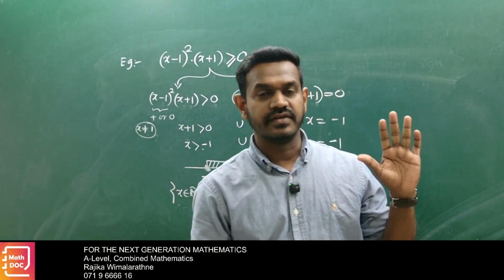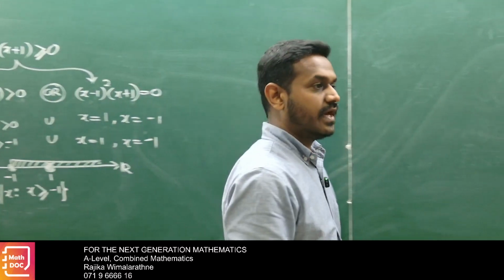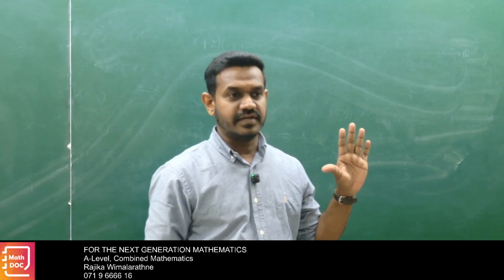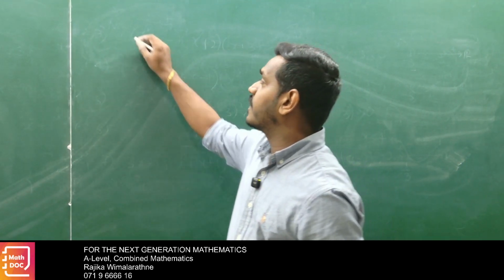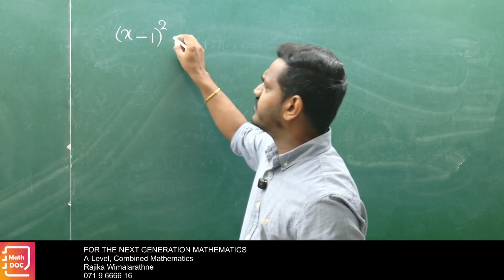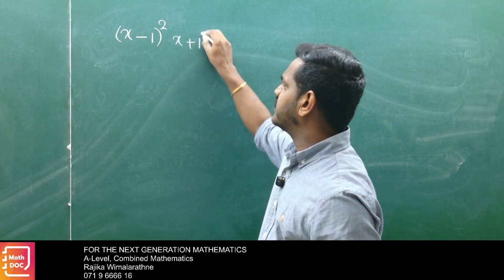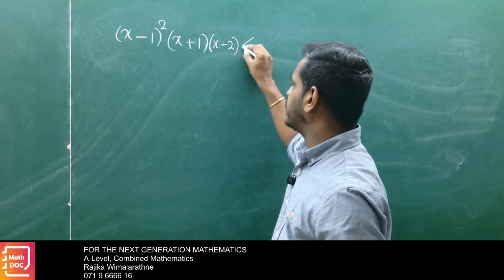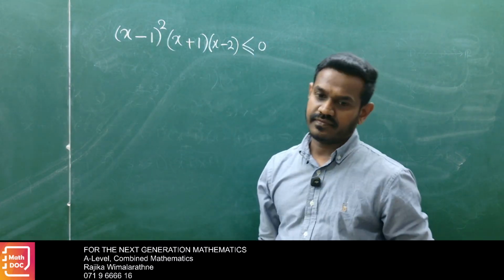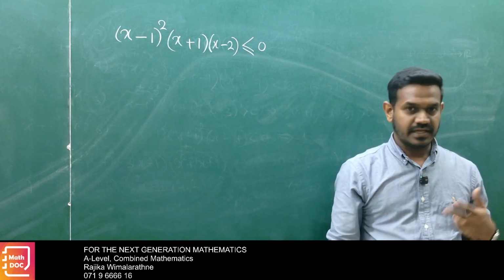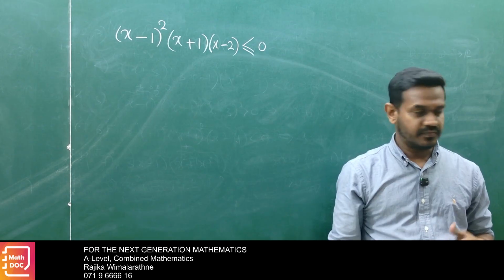Okay, you see another one. Identify these logics. See another one. Take (x minus 1) squared times (x plus 1) times (x minus 2) less than or equal to 0. Okay. So we have equality as well as inequality, no? Both we have.